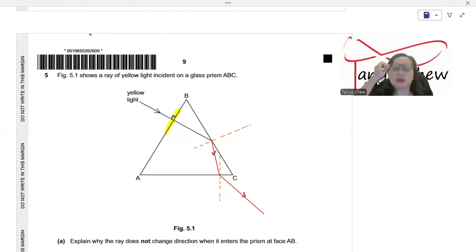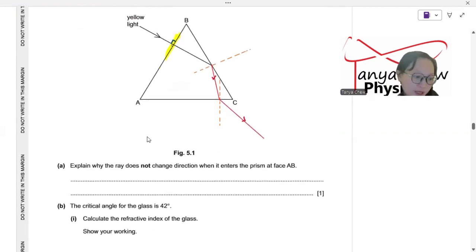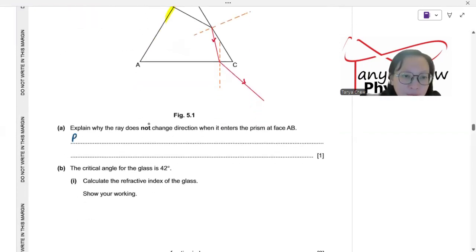What is normal again? Normal is just an imaginary line you draw on the surface of the glass prism. It is an imaginary line which is perpendicular to the face AB in this case. So I said that the ray enters AB along the direction of normal.